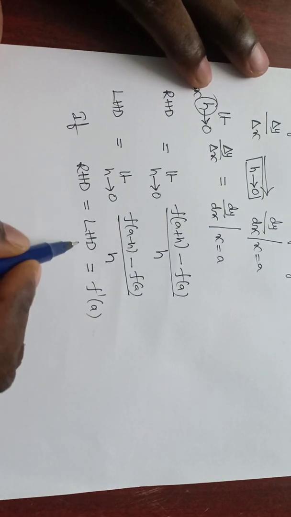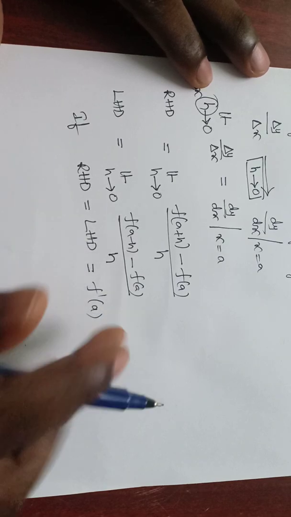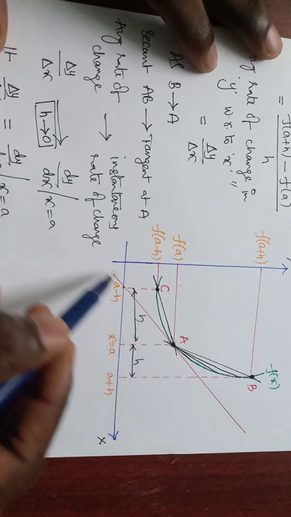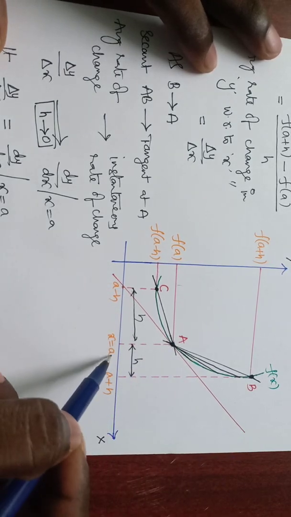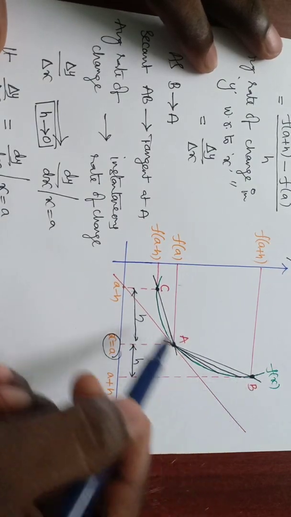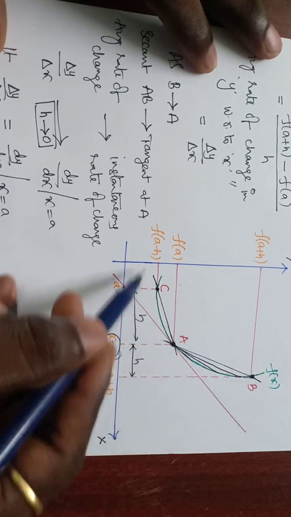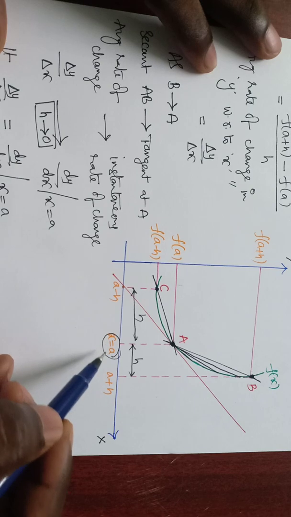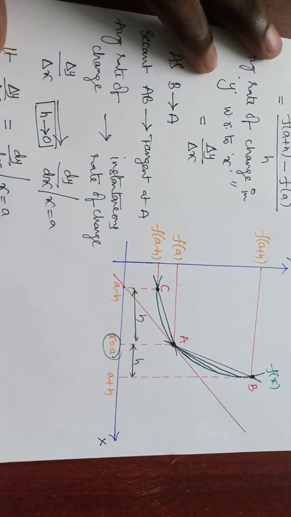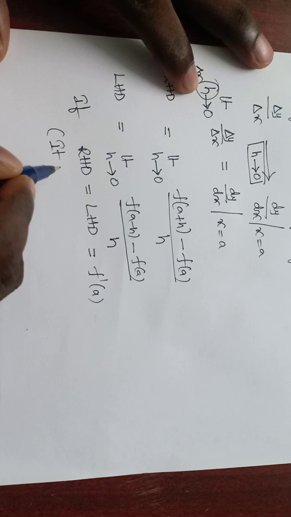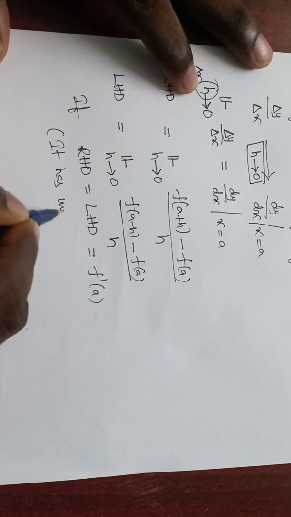Clearly, if they are equal, this curve has a unique tangent at x equal to a, which means only one tangent. If it has a unique tangent, it is differentiable at x equal to a.